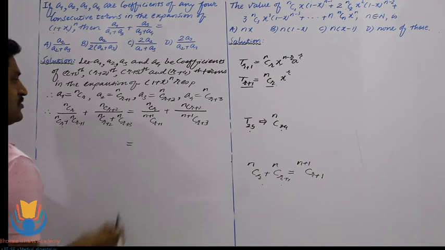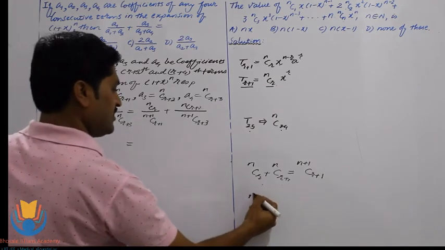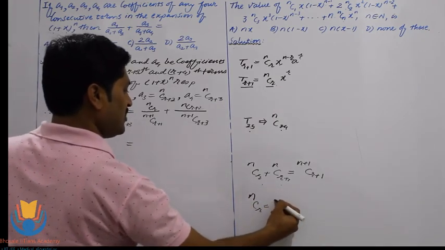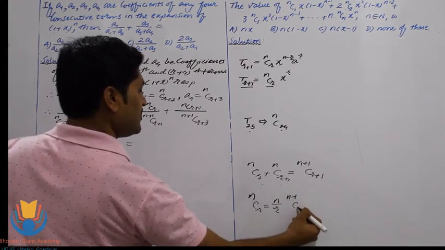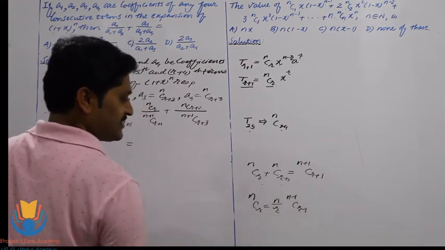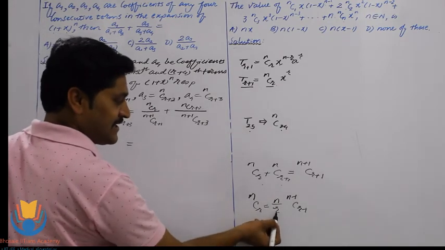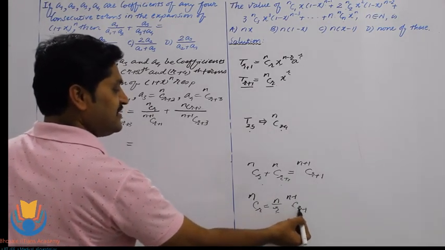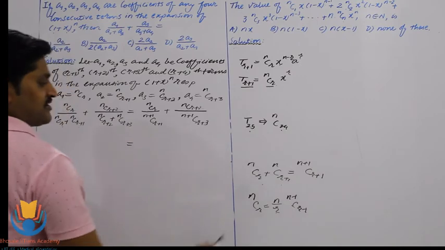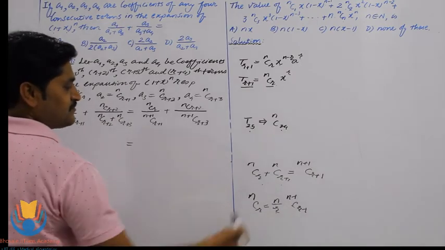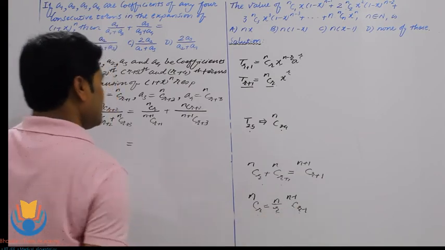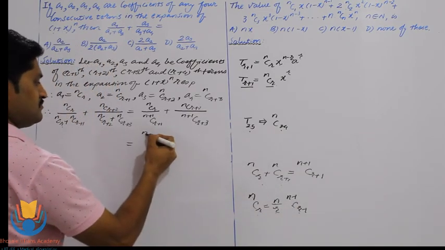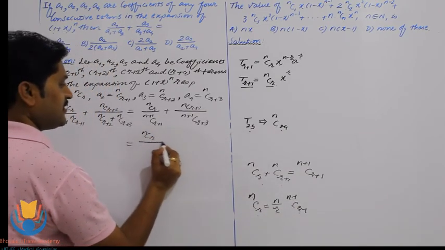So again we will use one more formula. That formula is nCr is equal to n upon r into (n-1)C(r-1). That is, nCr is always n upon r times (n-1)C(r-1). So simply we have to write this n and r here, and reduce the values of n and r by 1 each. So we will apply the same here in the denominator.